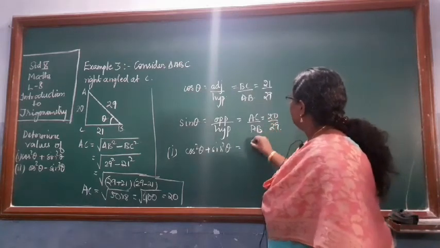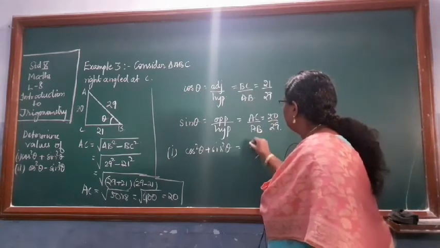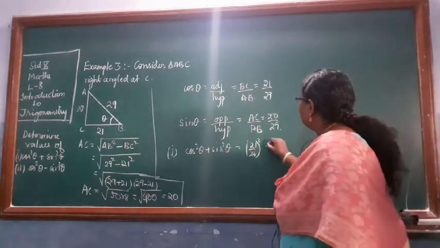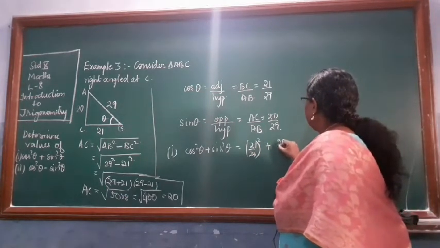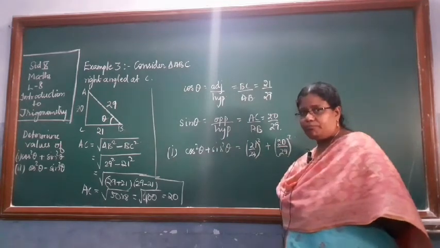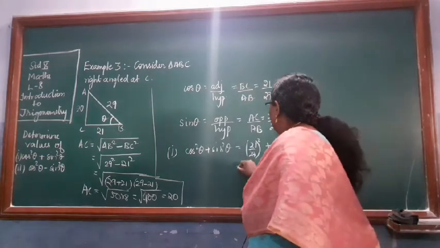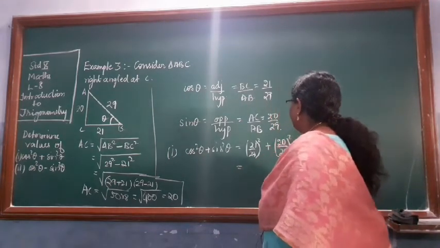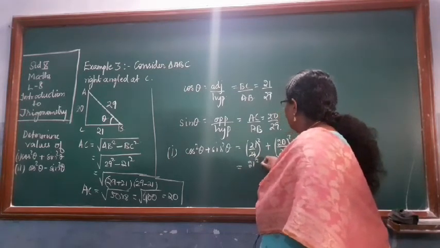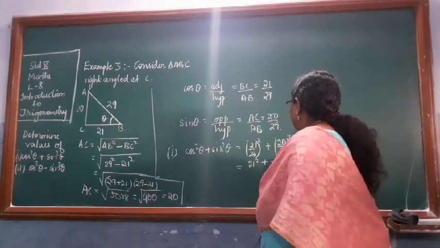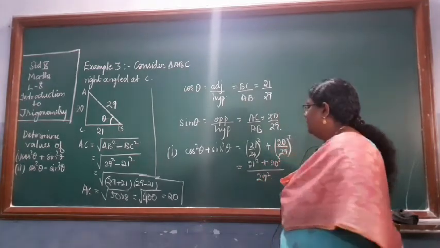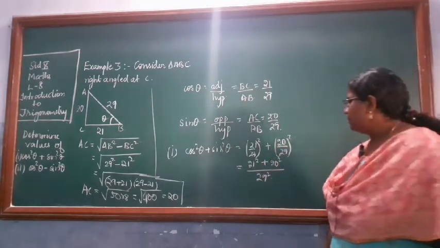It will be 21 by 29 whole square plus 20 by 29 whole square. Now if you calculate the values, you will have 21 square plus 20 square upon 29 square. This is understood.